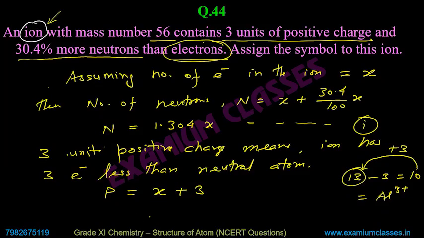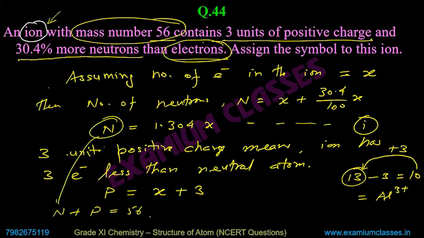Now apply the same logic. Mass number is 56, means n plus p is 56. Substitute from here in terms of x, p from here, and get the value of x.